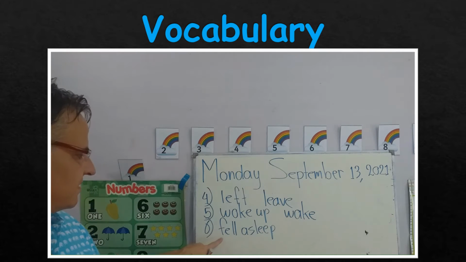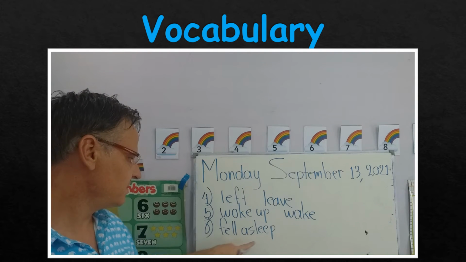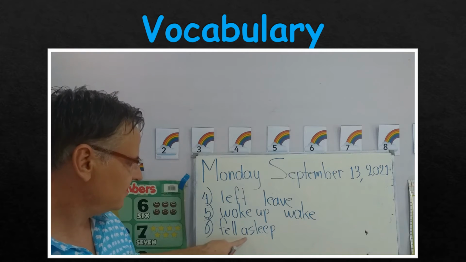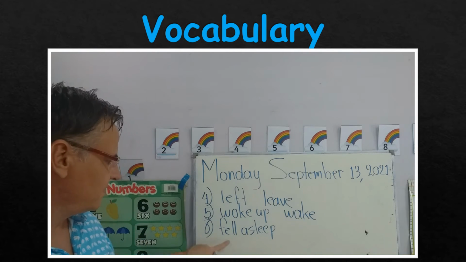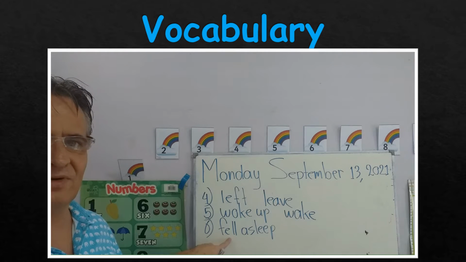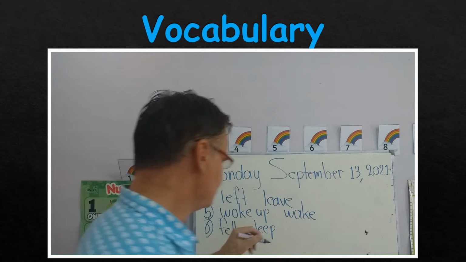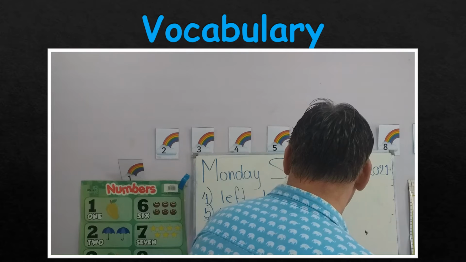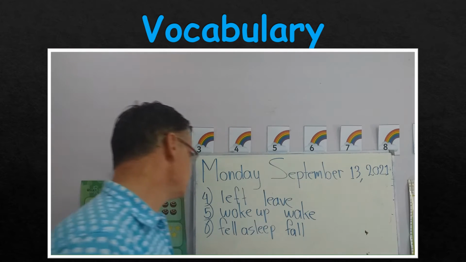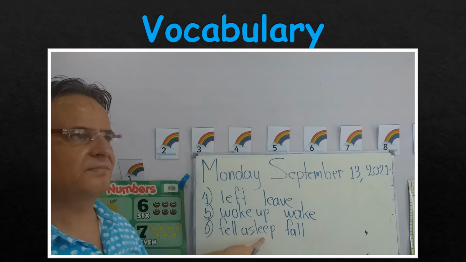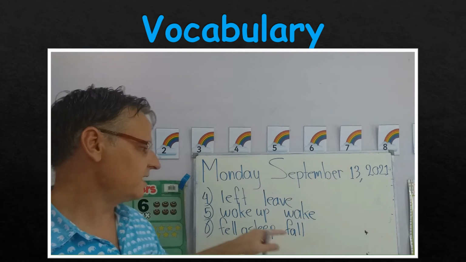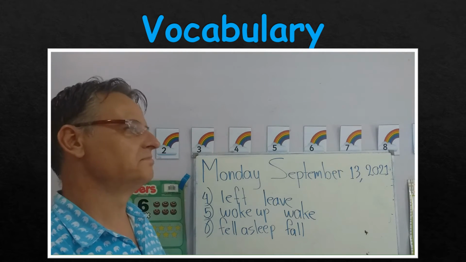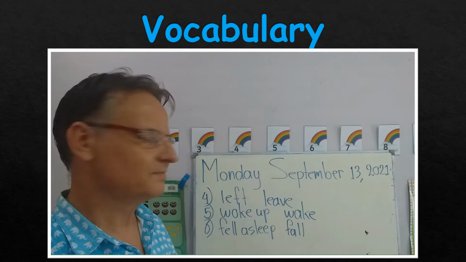Then number six, fell asleep. F-E-L-L-A-S-L-E-E-P. Fell asleep. Fell is the past tense for the word, right, fall. So I fell asleep last night at 9 p.m. Tonight I will fall asleep at 11 p.m.